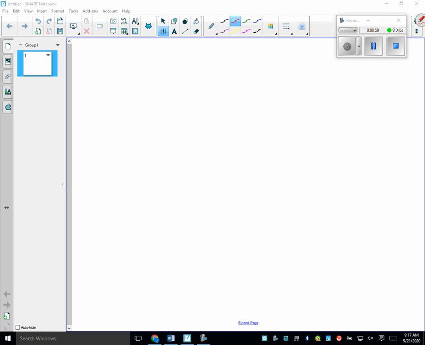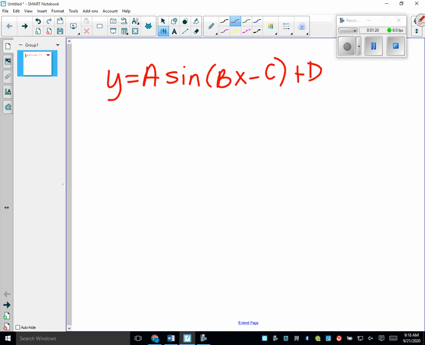Now, this is what the equation looks like. Some authors of the books use capital letters, some use little letters, so it really doesn't matter.